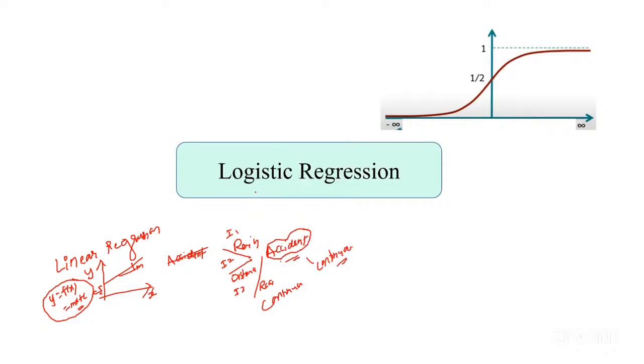But coming to logistic regression, if we are not dealing with continuous variables, or if we are dealing with categorical variables, under such circumstances we'll have only either yes or no, or 1 or 2, or positive or negative. For such conditions we are going to use logistic regression.